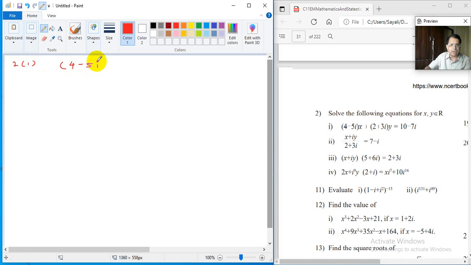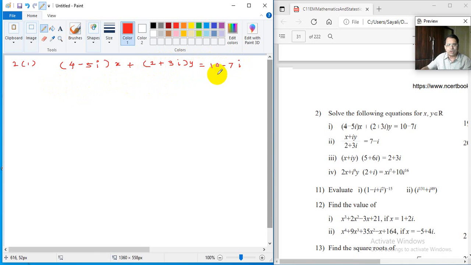4 - 5i इंटू x, नंतर काय प्लस, आय होप इट इज प्लस 2 + 3i इंटू y, and this is equal to 10 - 7i. I have to solve this for x and y.